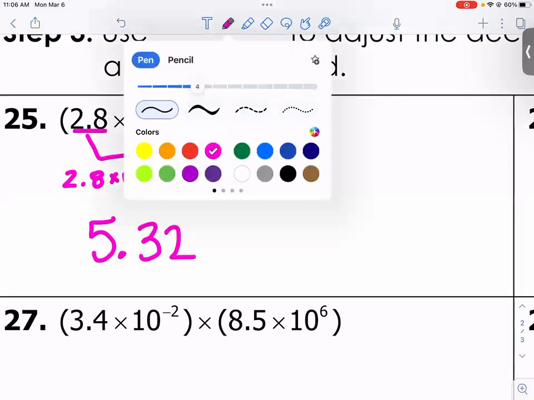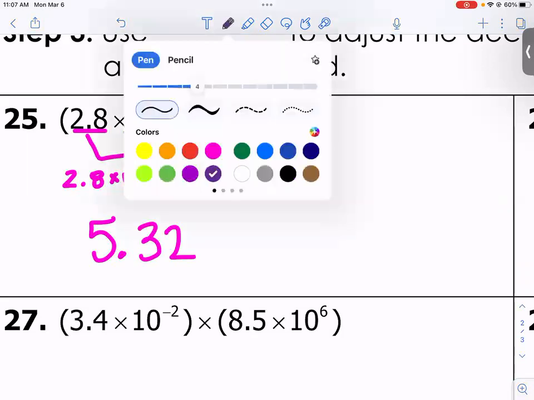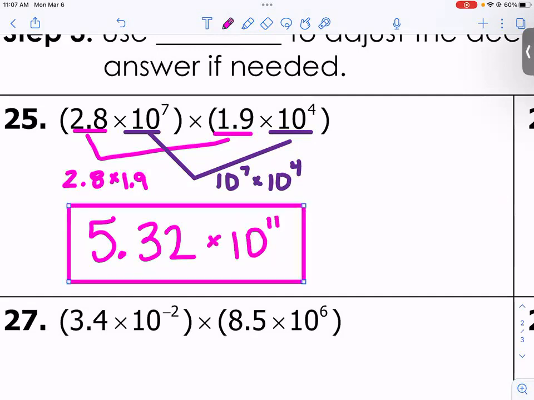Then we're going to take our 10 to the power. So if we have 10 to the power of 7 times 10 to the power of 4, what are we going to do with our exponents? We're going to add them. So this becomes 10 to the power of 11. There's our answer.